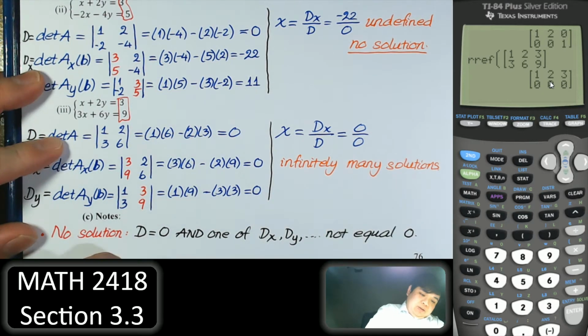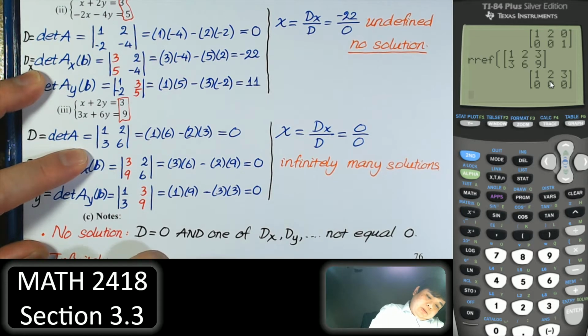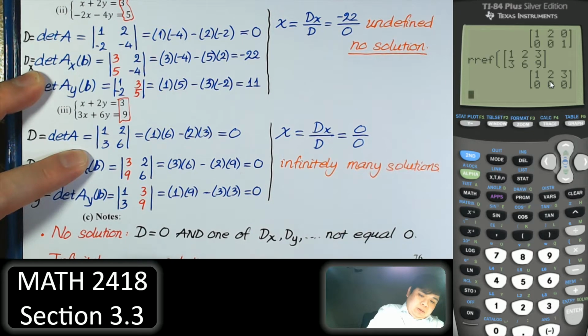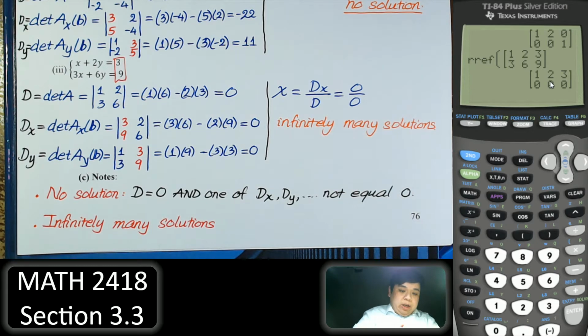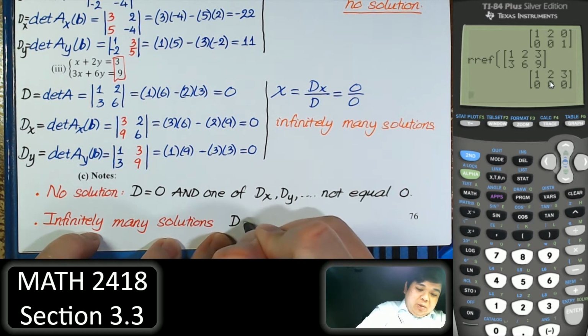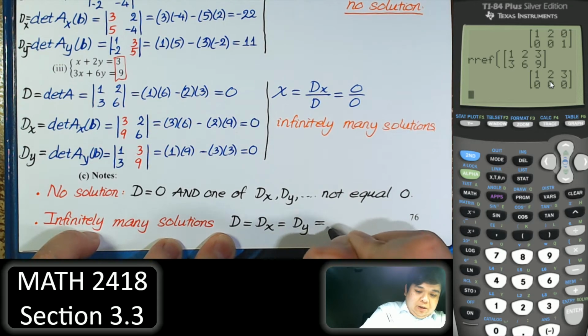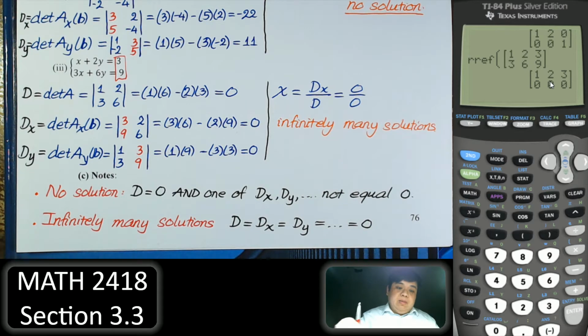And when we have infinitely many solutions, what we have is that all the d's have to be equal to 0. If that is the case, then we have infinitely many solutions.